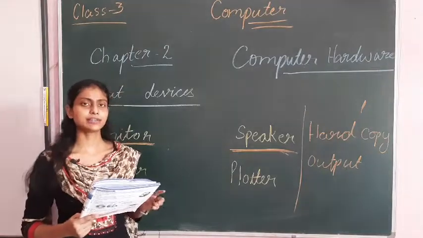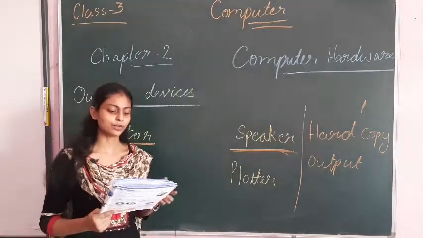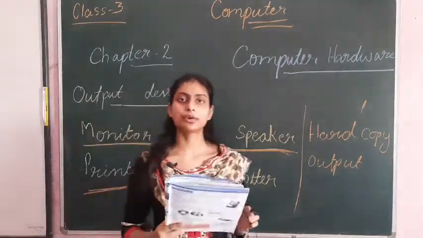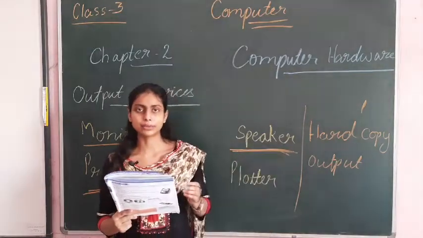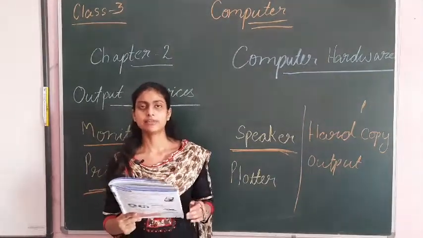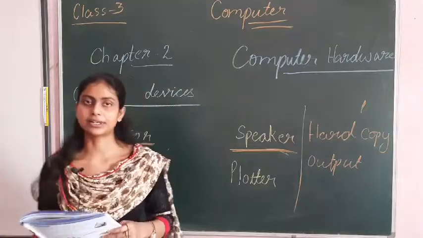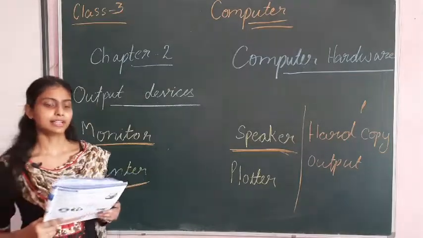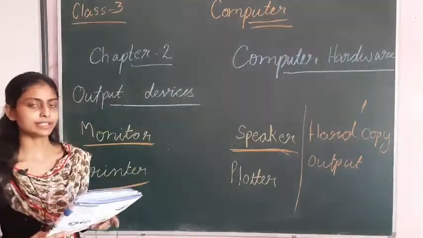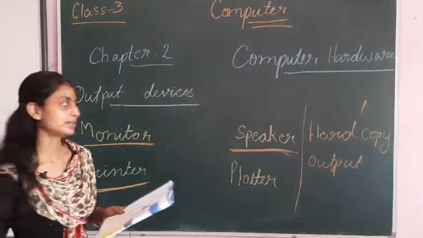The printer will give you only the hard copy. It would not be colored, but if you are using the plotter, then it will give you the output on colored paper, with line drawings and all with different ink colors, okay. So it's a plotter.